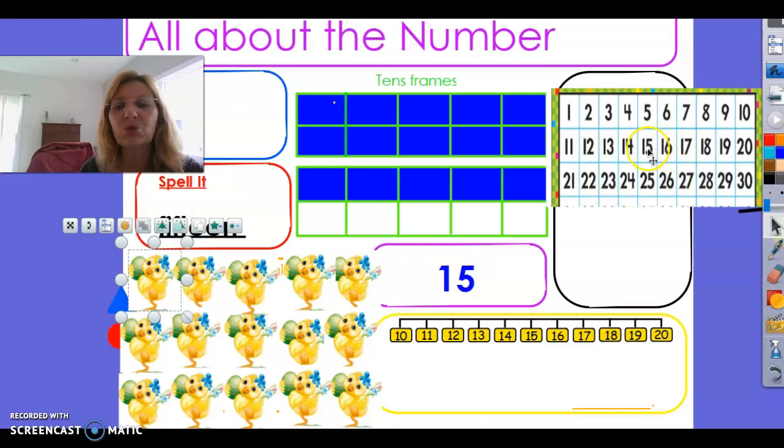I hope your finger is right there on 15. Now that we found it on the chart, do you remember what this is? What do we call it? Yes, a number line. Can you find 15 on the number line? Ooh, I hope your sweet finger is right there on 15.